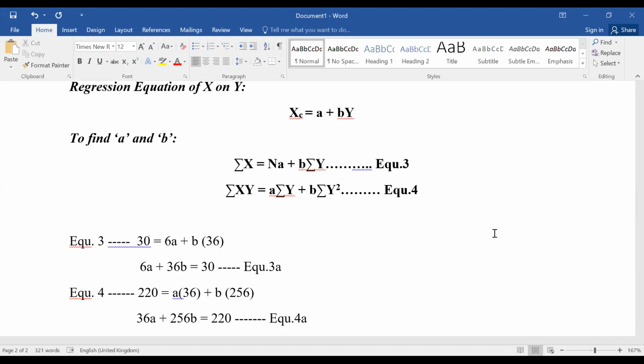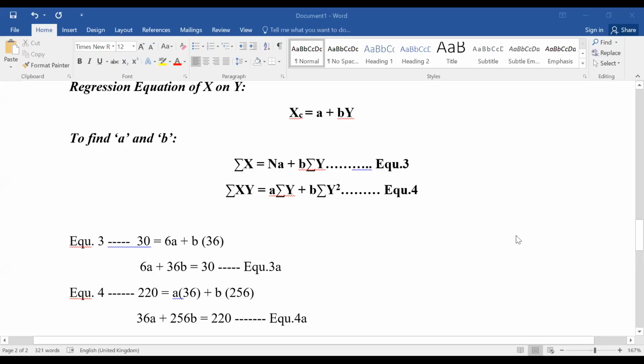But when you are solving the equations to find a and b, please be careful. You need to apply the simultaneous equation method, the elimination method. We have to recall the previous semester concept. Yes, x on y.